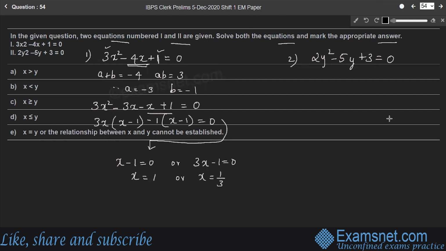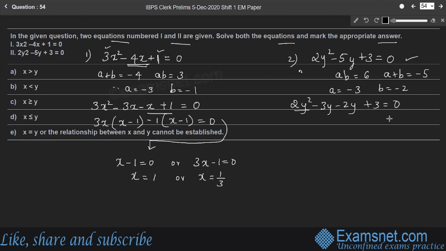Solve the second equation. Here, 2y square. So what is A into B? A into B is 6. A plus B is equal to minus 5. Therefore, A is equal to minus 3, B is equal to minus 2. Therefore, the equation becomes 2y square minus 3y minus 2y plus 3 is equal to 0.